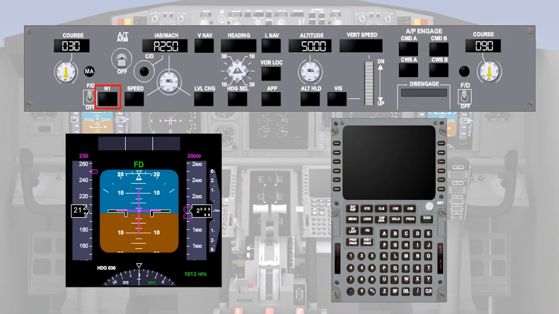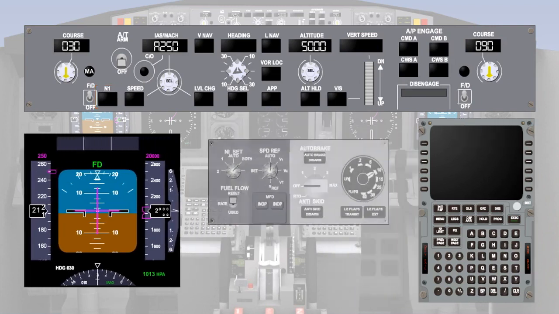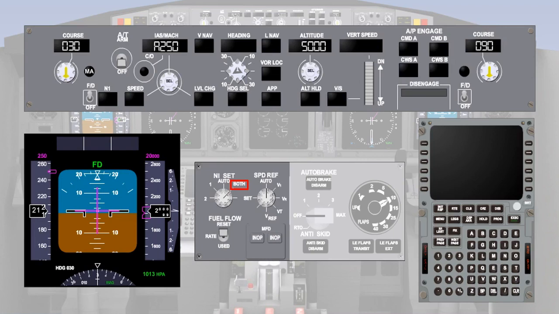The thrust target could be a value of N1 or engine pressure ratio, EPR, depending upon which has been designated the primary thrust setting parameter for that particular engine. The target thrust can be set manually by the pilot, or it can be calculated by the thrust computer based on standard thrust ratings for takeoff, climb, cruise, go-around, or continuous.